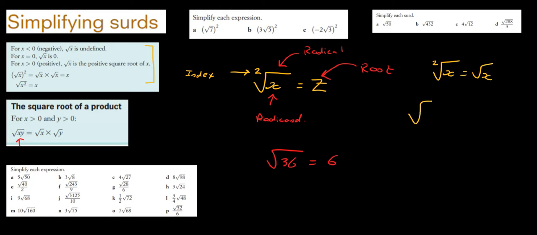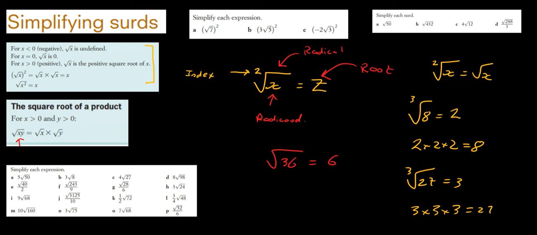So for example, the cube root of 8 would be 2, because 2 times 2 times 2 is 8, and the cube root of 27 would be 3, because 3 times 3 times 3 is equal to 27. Likewise, the fourth root of 16 is 2, because 2 times 2 times 2 times 2, or 2 to the power of 4, is 16.